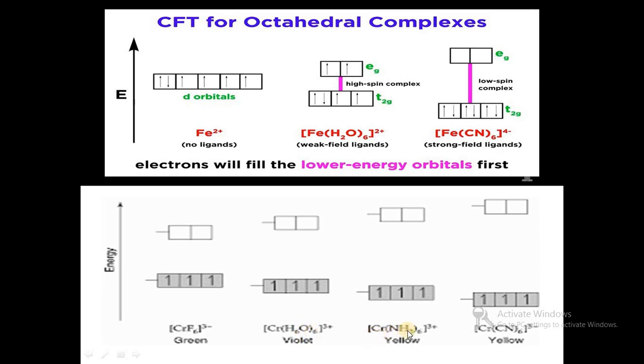Then with a further increase in ligand strength, as in [Cr(NH3)6]3+, there is a still larger energy gap between T2g and Eg. The last example is [Cr(CN)6]3-. CN is a strong ligand compared to ammonia, water and fluorine, so there is a further large distance between T2g and Eg. This is about the crystal field splitting in octahedral complexes.